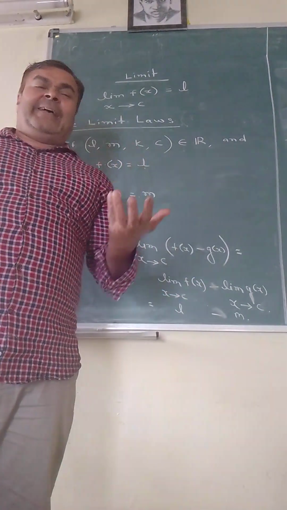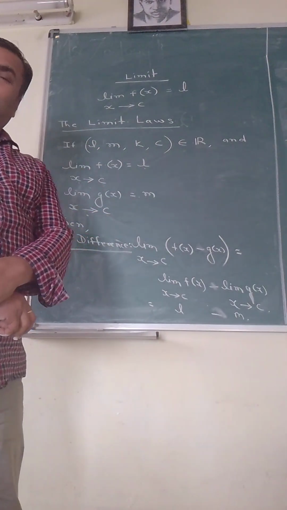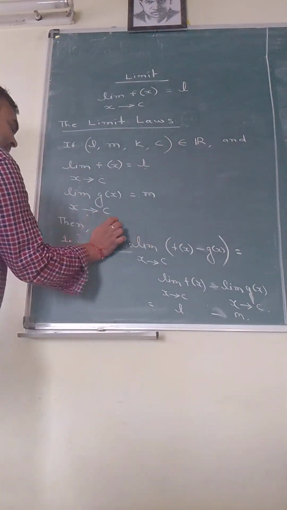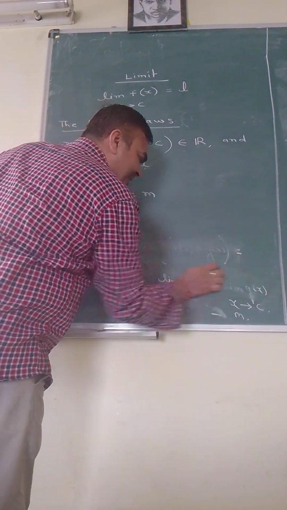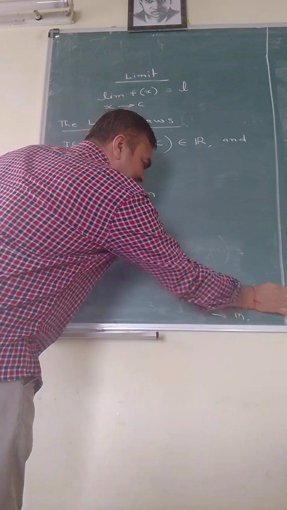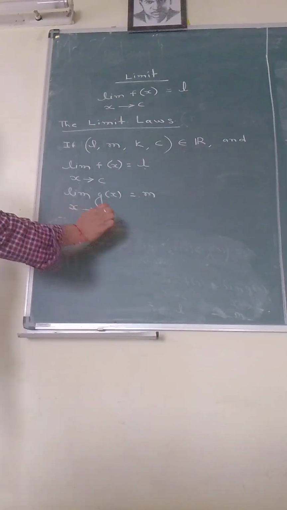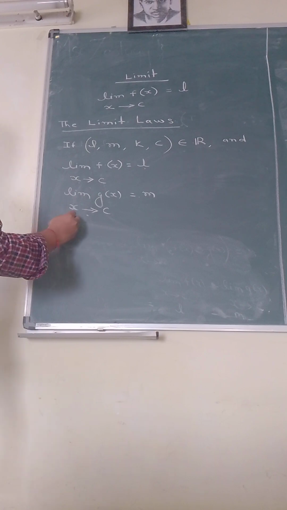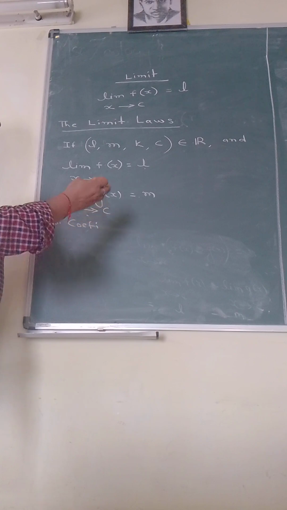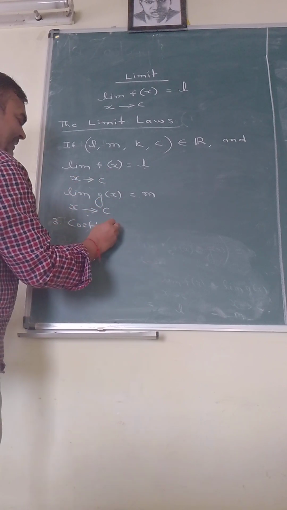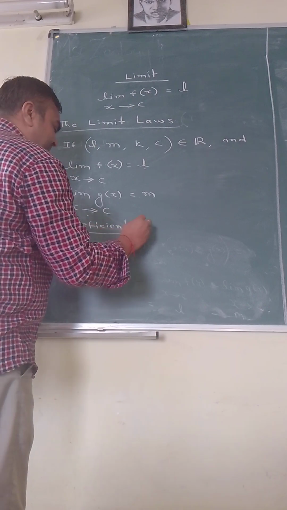This is referred to as the coefficient law. Third one is the coefficient law, or constant coefficient law. Coefficient means constant coefficient.